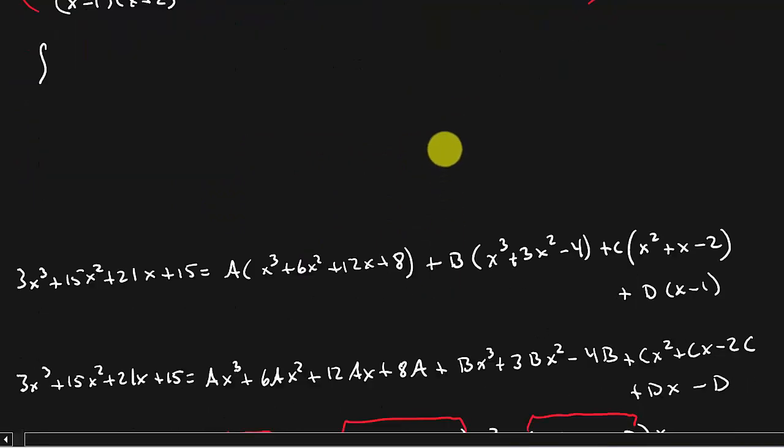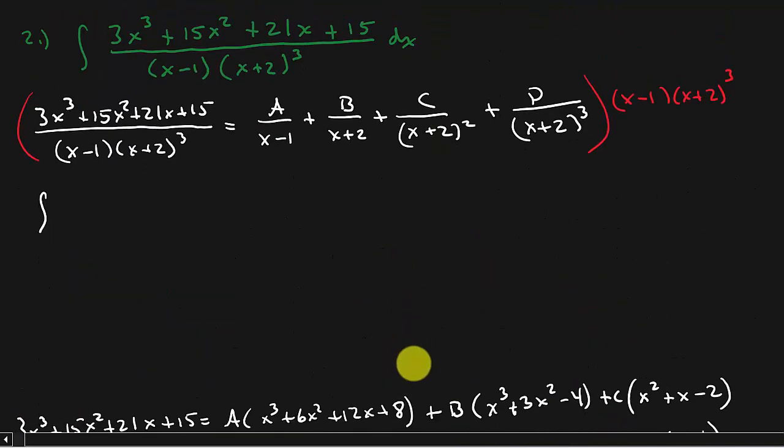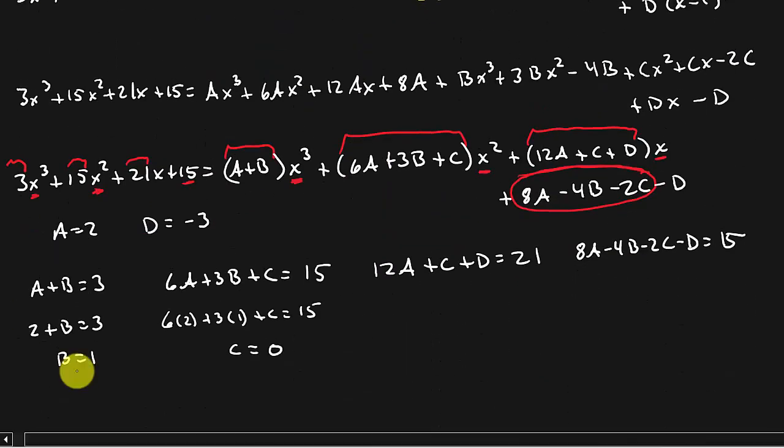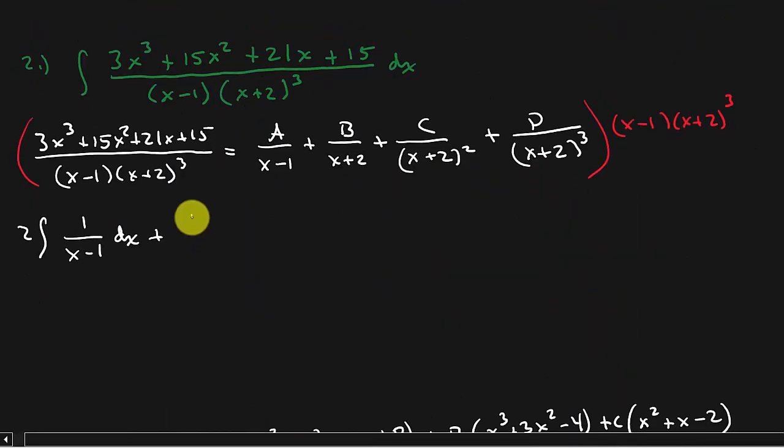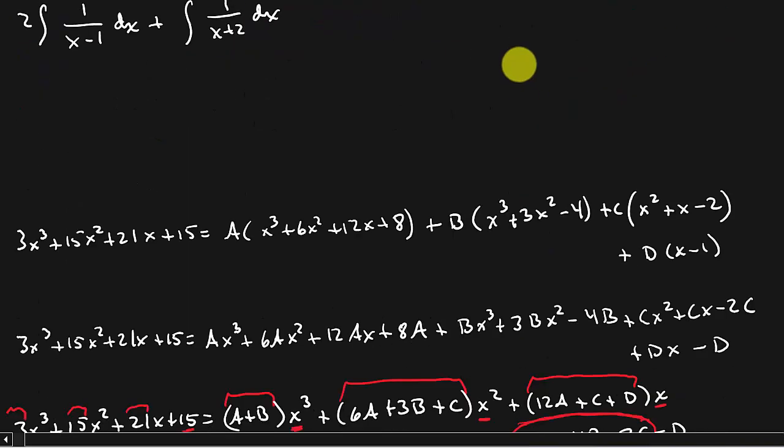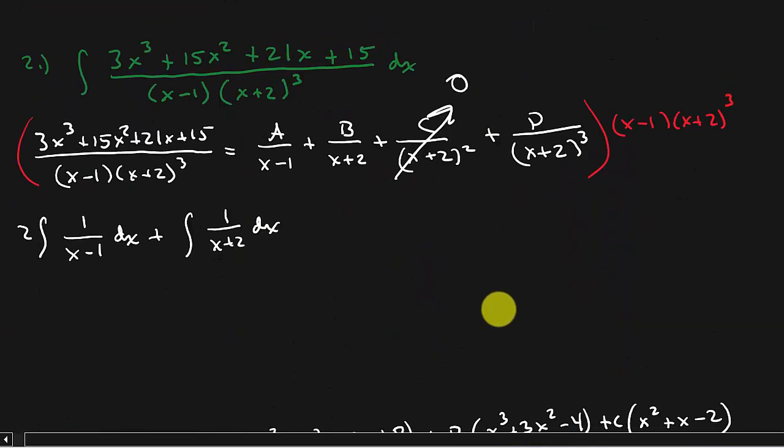All right, so this is going to be the integral. Well, a is 2, so that's going to be 2 times the integral of 1 over x minus 1 dx plus, and b is 1, so that's going to be the integral of 1 over x plus 2 dx. C is 0, so that term is just going to go out. And then d is negative 3, so that's minus 3 times the integral of 1 over x plus 2 cubed dx.